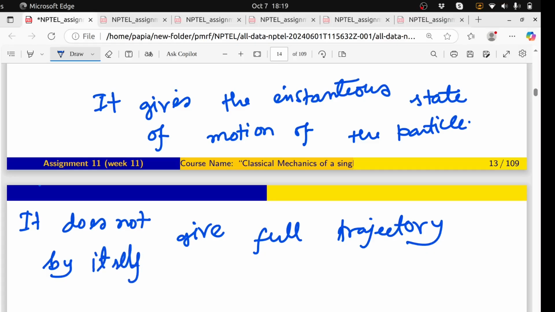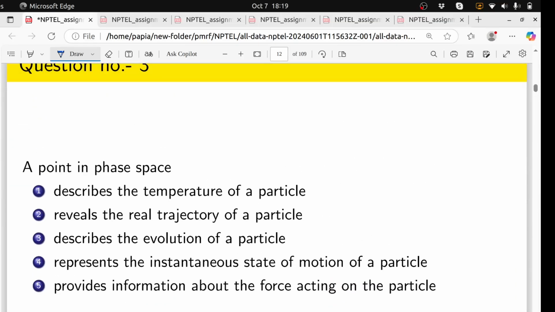So the answer to this question is that a point in phase space represents the instantaneous state of motion of a particle.